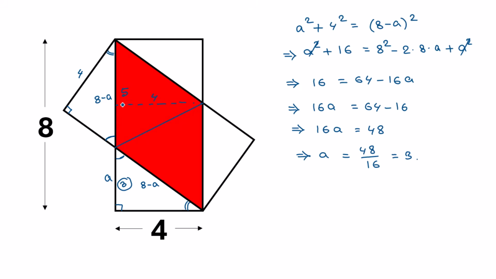So the area of this triangle is half times base times height. So substituting the values, the base is 5 unit, so 5 times height is 4 unit, is equal to 5 times 4, this is 20, divided by 2, this will be 10.